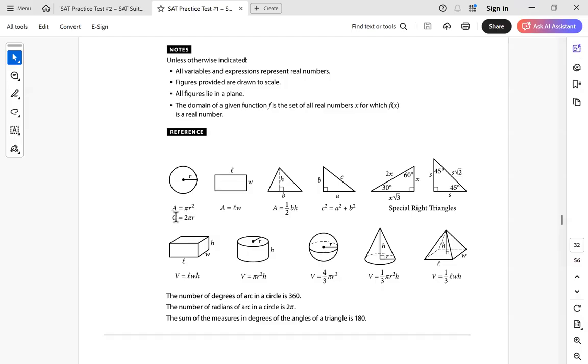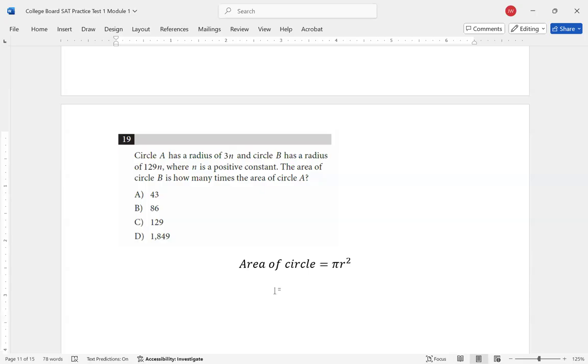If you didn't know that, you could go back up to the practice test and look for those formulas. And obviously A equals pi r squared for a circle is one of the formulas that is given. So circle A has a radius of 3n.